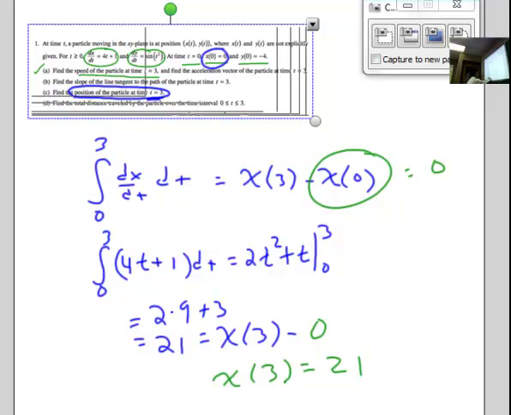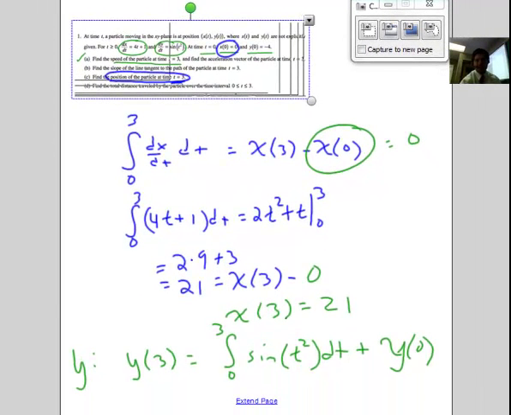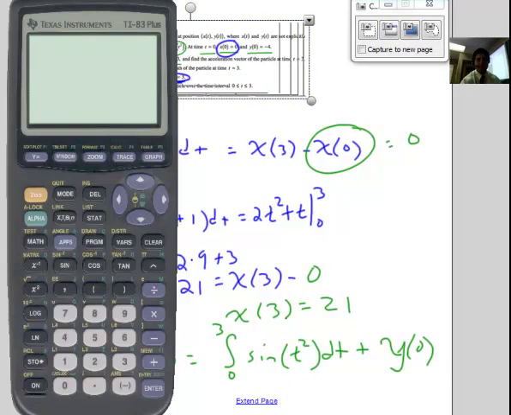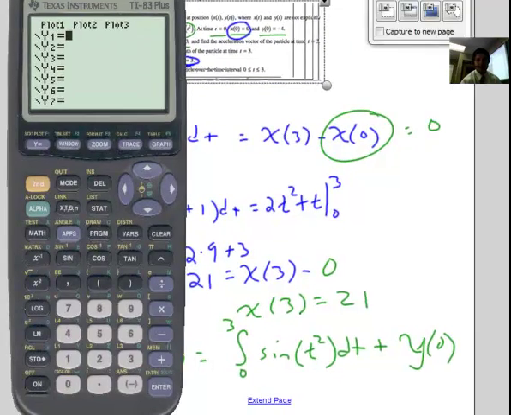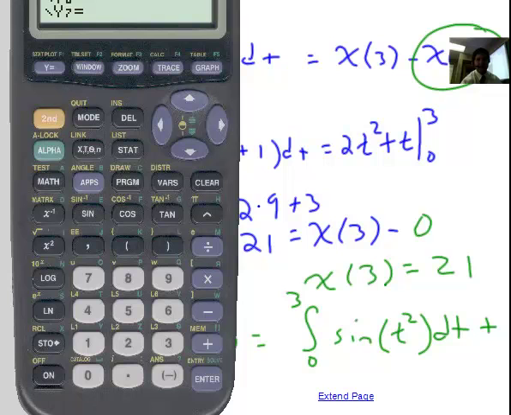And now we need to find my y position. Using the fundamental theorem of calculus in a slightly more sophisticated way, we can say that y of 3 equals the integral from 0 to 3 of sine of t squared dt plus y at 0. I just reformed the fundamental theorem of calculus. Let's do this integration using the calculator. We integrate sine of x squared from 0 to 3.